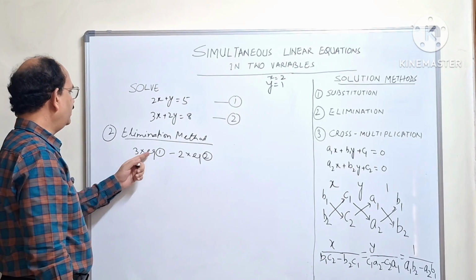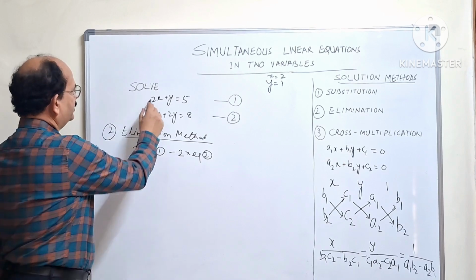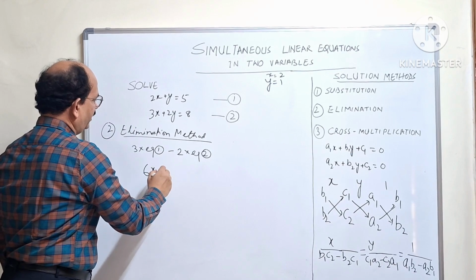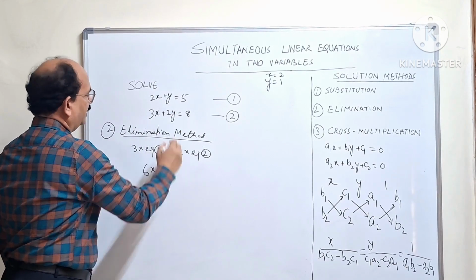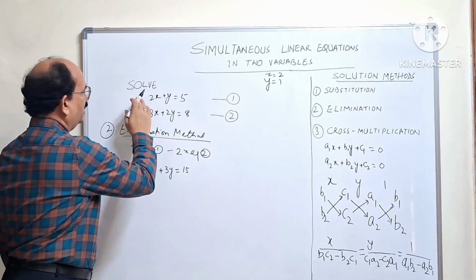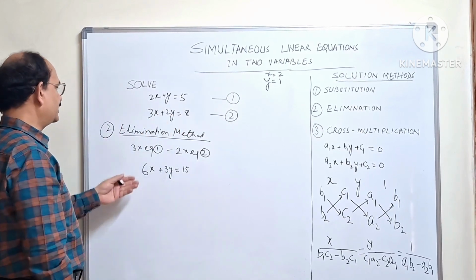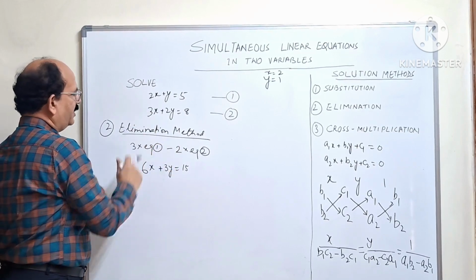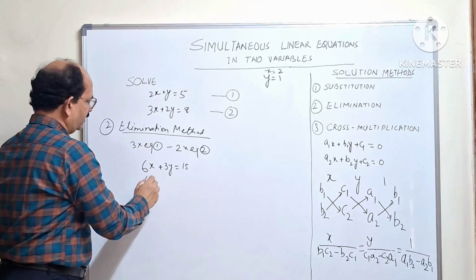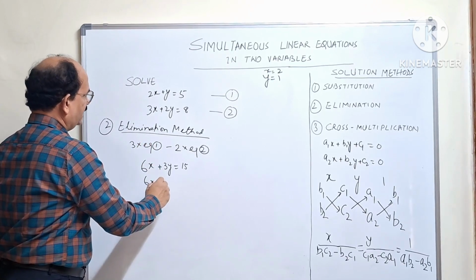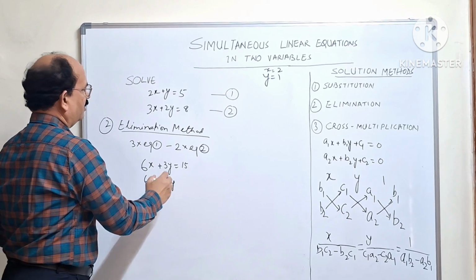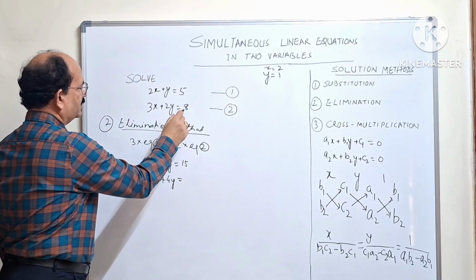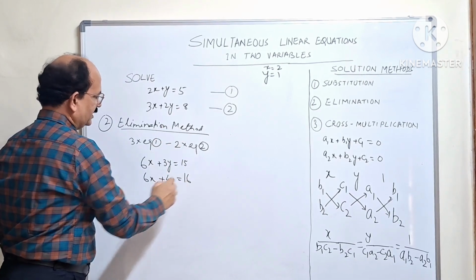I'm multiplying 3 in equation 1. So this becomes 6x, this becomes 3y, and this becomes 15, because I have multiplied throughout the equation. So 6x plus 3y equal to 15. And the second equation I am multiplying by 2, so this becomes 6x plus 4y, and the multiplication of 2 and 8 gives 16.